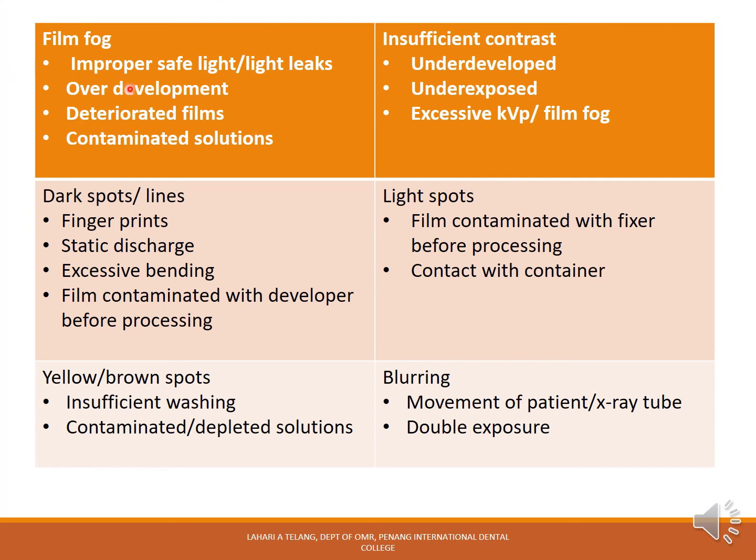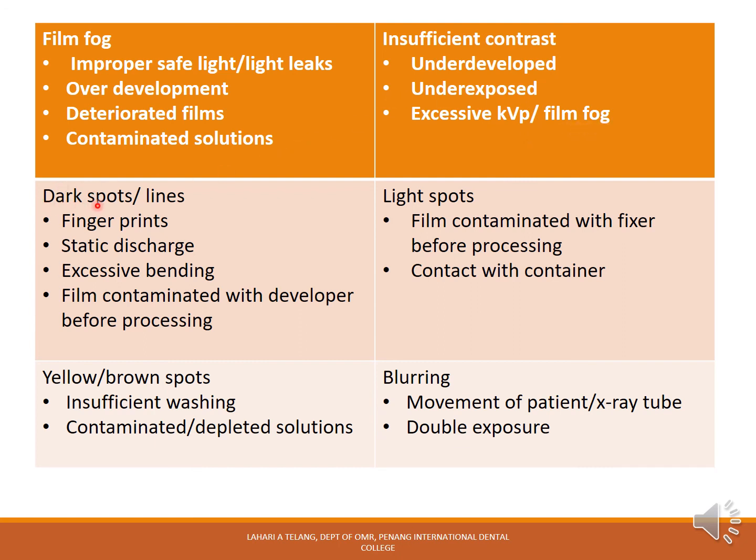Other errors are film fog, where improper safe light or light leaks can cause film fogging. It can happen due to overdevelopment, deteriorated films being used, or contaminated solutions. Insufficient contrast can be a problem with underdeveloped films, underexposed films, excessive voltage or film fog.